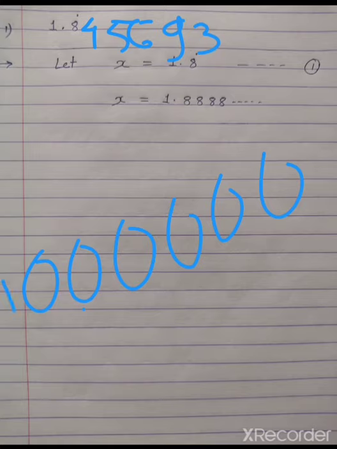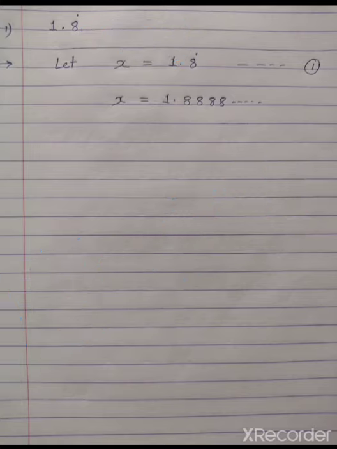Take these zeros on 1 and use this number for multiplication. So here I am using 10 because only one digit is there after the decimal point. I am multiplying both sides by 10.